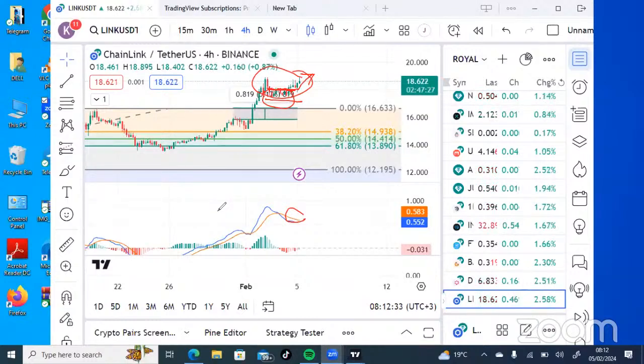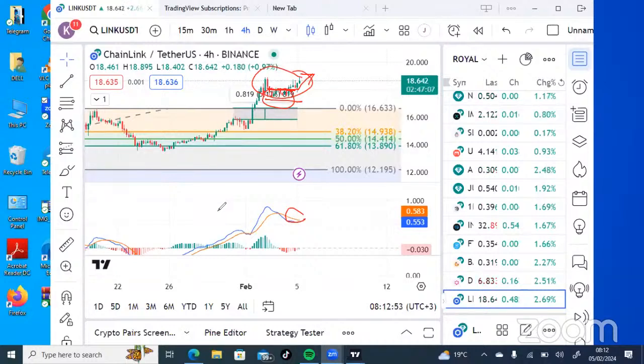Can you come again? Okay, good morning. Thank you for your presentation. I want to know about the analysis of COS USDT, the coin COS, by using this MACD.